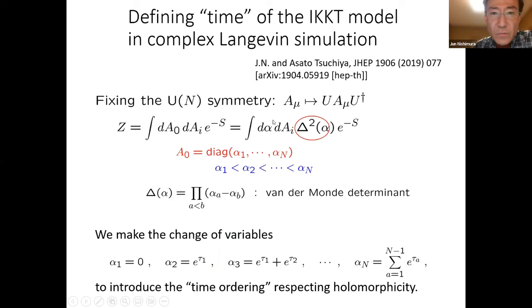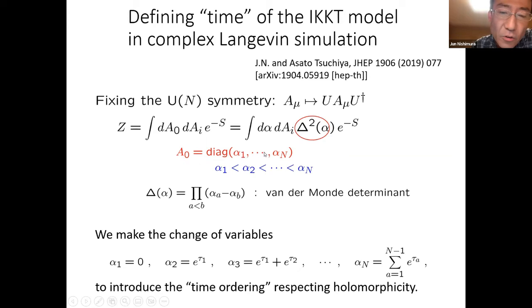Well, when we apply the complex Langevin simulation, we have to be careful because we have to complexify all the real variables into complex variables. But the question is, how can we respect the ordering of these eigenvalues, alpha 1 to alpha n?